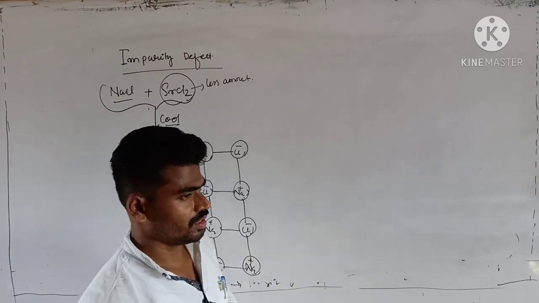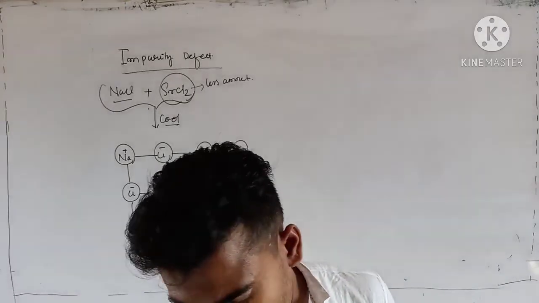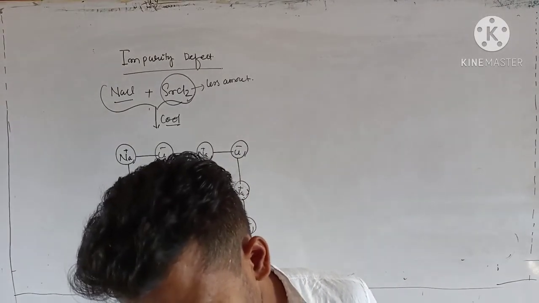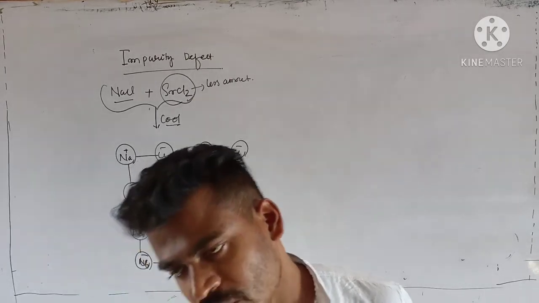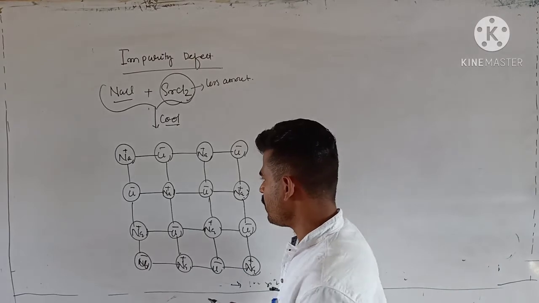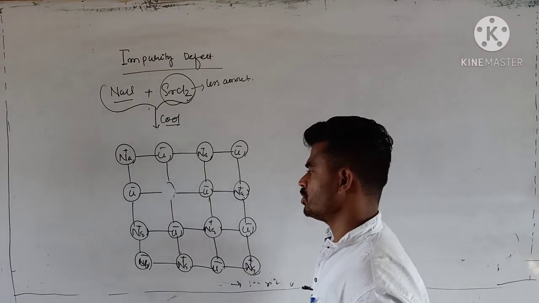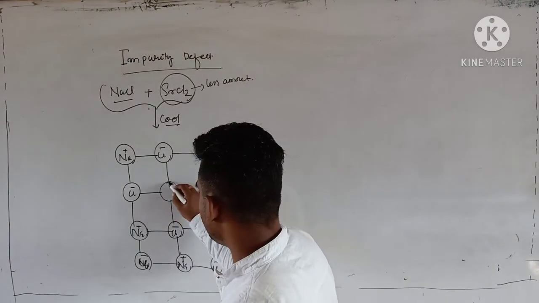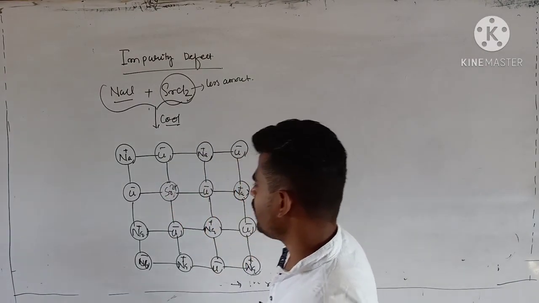Then what happens to one of the Na plus in this crystal? Impurity means you have added an external substance, let's say strontium chloride. So one of these Na plus gets eliminated and its position is occupied by one strontium, which has valency 2 positive.